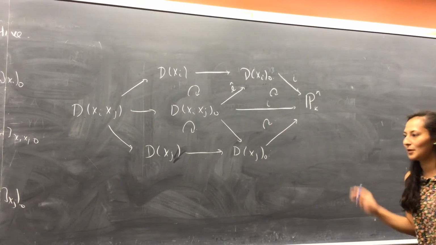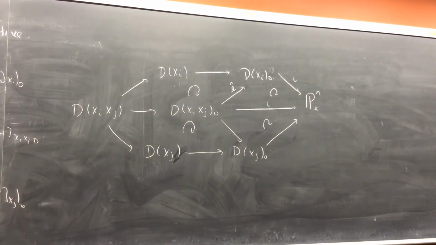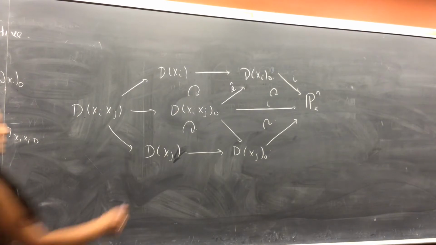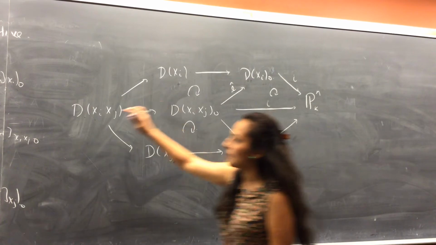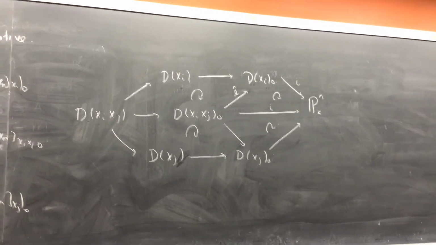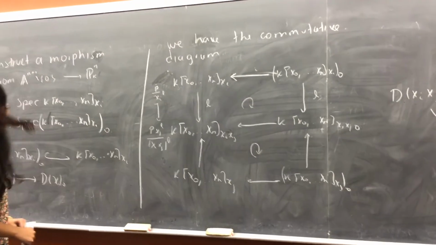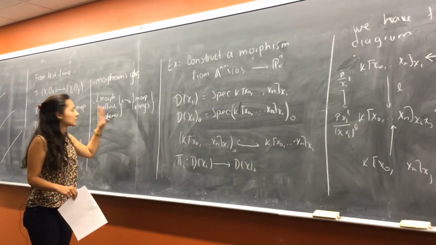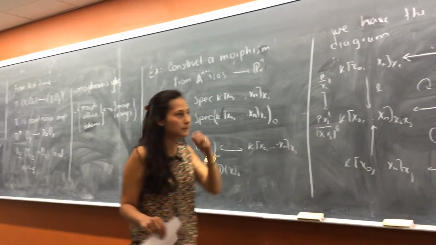Why did I do all that? Well, because we want to glue the things. And so these natural maps from D_xi(xj) to D_xi(xj naught), is that just homogenizations of some kind? You mean this one? Yeah, for example. This one comes from this map, which is taking the preimage of a prime ideal. Remember that the relation we have between morphisms in the affine case is taking the preimage of prime ideals.